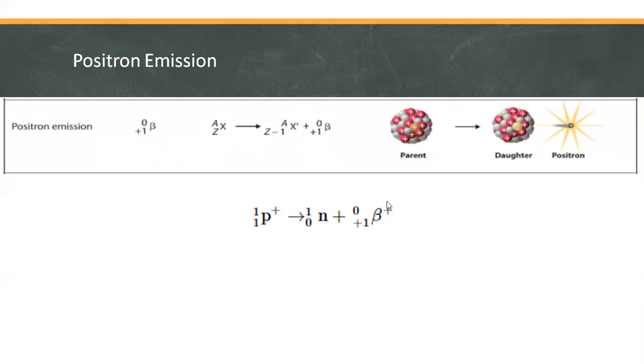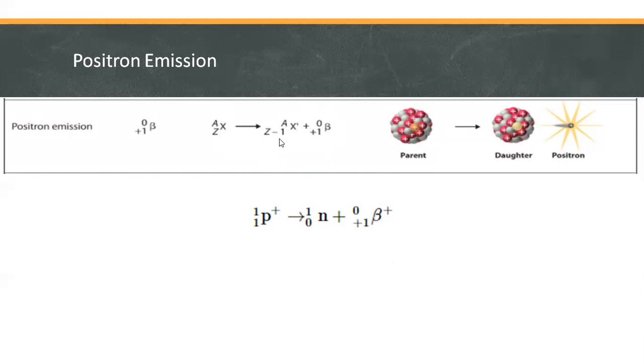So this is the opposite of beta decay, in which a neutron is transformed into a proton, and here a positively charged electron is emitted. The general reaction is this one in the table.